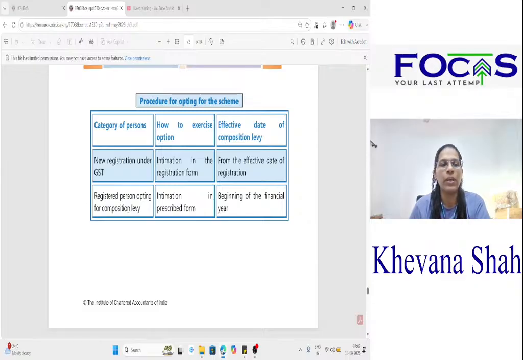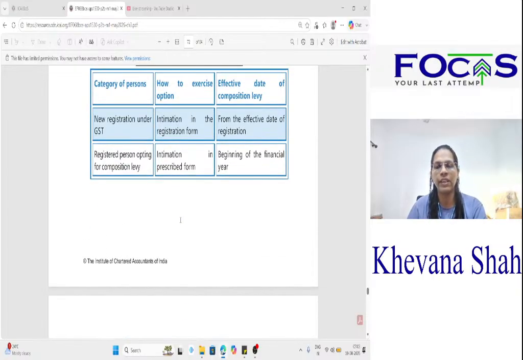Now, remember in the case where a person is already registered and wants to opt for composition levy, the effective date of composition levy will be the beginning of the financial year. So the year in which you want to opt for composition levy, the beginning of that financial year will be the effective date of composition levy in case you are a registered person opting for composition levy.